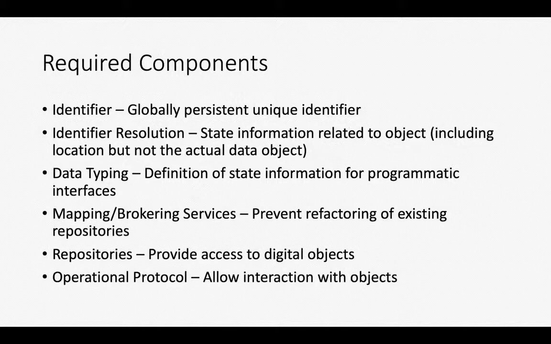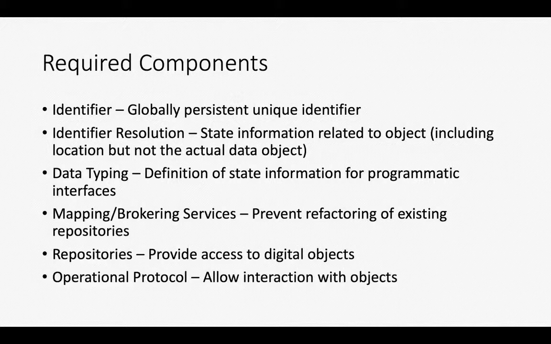The identifier, which is a globally persistent unique identifier, identifies the object. It also includes some data about the object, but doesn't necessarily include the object itself. One of the things the identifier usually resolves to is the location of the data. The identifier resolution basically gives some state information, some set of basic information about the data.